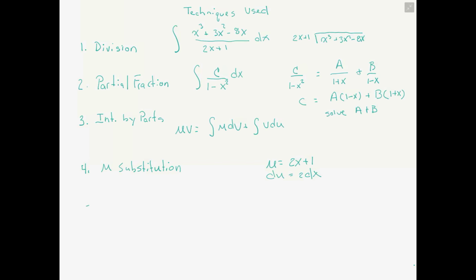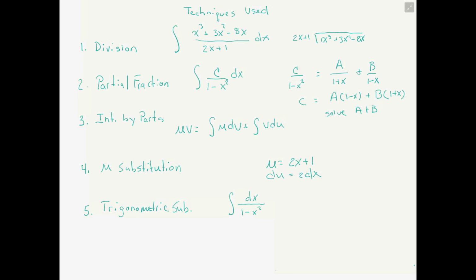Where we have u equals some more complex polynomial, and then du equals 2 dx, and we would put that back into the integral, and because of the simplification, it enables us to calculate the integral.